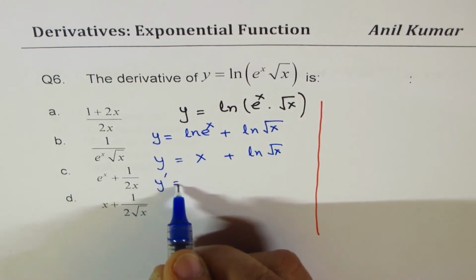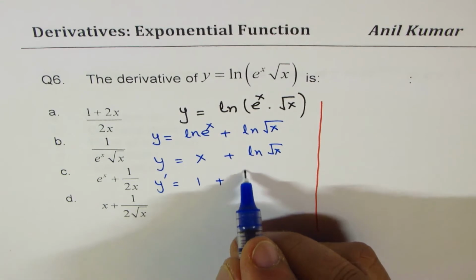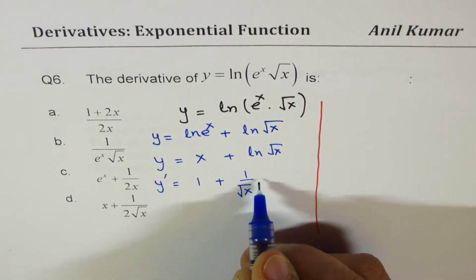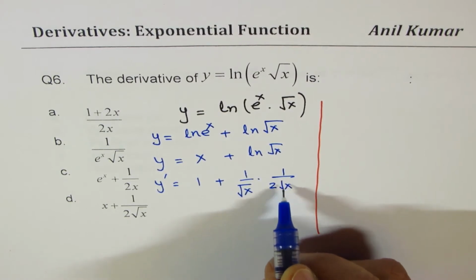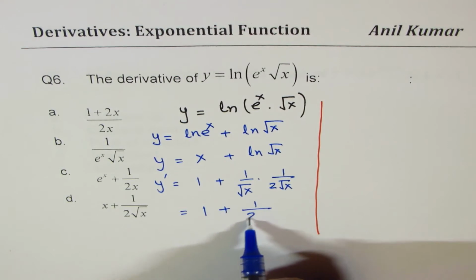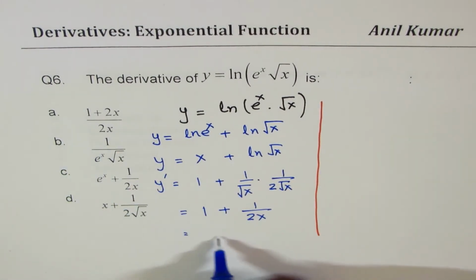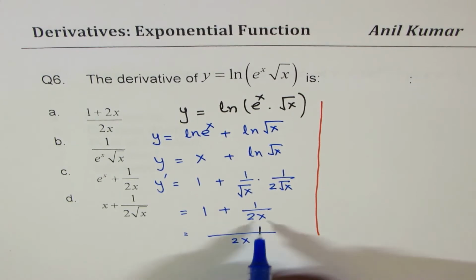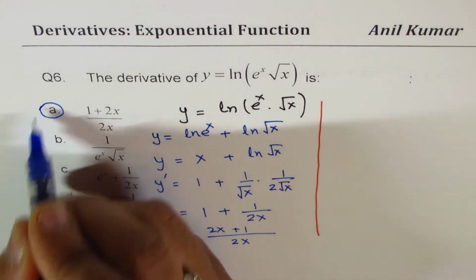Now if you want to find the derivative, you get 1 plus, the derivative of ln is 1 over the function, so 1 over square root x times the derivative of this function, which is 1 over 2 square root x, correct? So what you get here is 1 plus 1 over 2x, correct? Well, you could match this answer by taking a common denominator of 2x, so you get 2x plus 1 over 2x. So option number 1 is the right option.